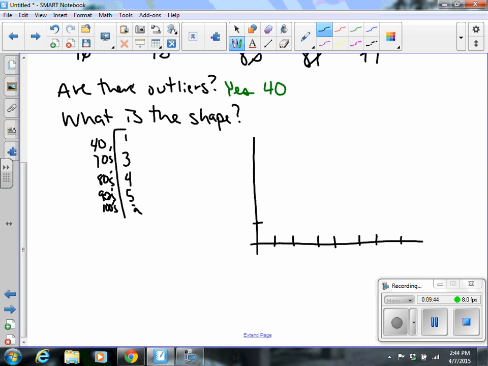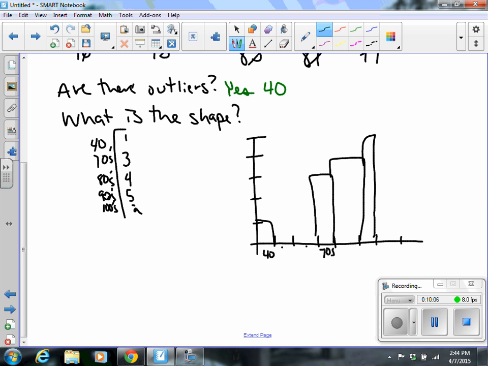All right, so looking at this, here's my 40s, and I've got 1 there. 70s, I've got 3. 80s, 4. 90s, 5. And 100s, 2. So looking at this, this is how I find my shape.